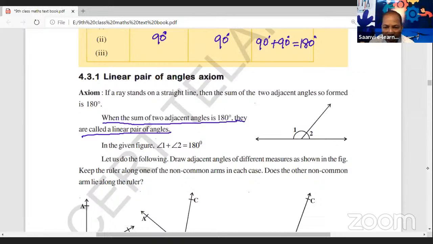See here, if we observe the two angles, they have a common arm, common vertex O, and a common arm this one. So these two angles are adjacent angles. If the sum of these two adjacent angles is equal to 180 degrees, then the two angles are called linear pair of angles.